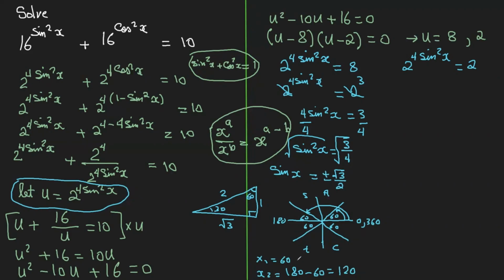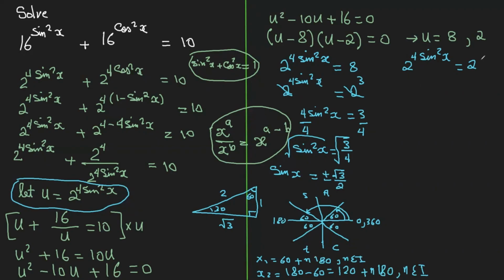So what you need to say here is 60 plus n 180, where n is a member of all integers, or Z. And here also, it's 120 plus n 180, where n is a member of all integers.